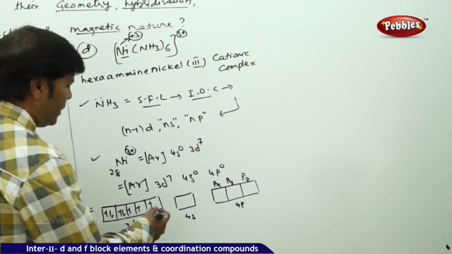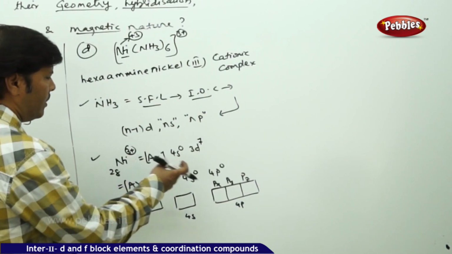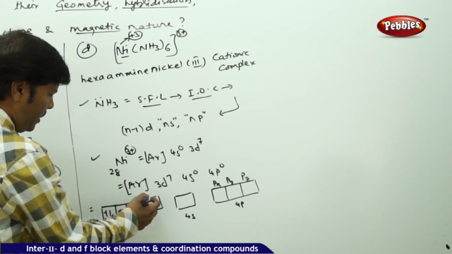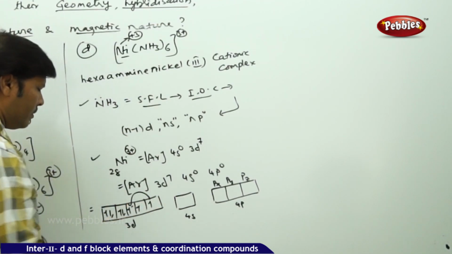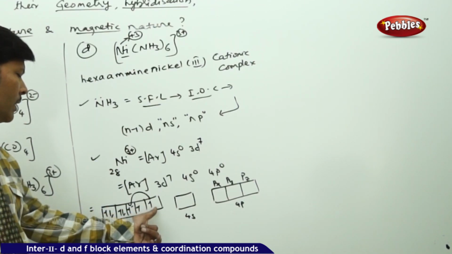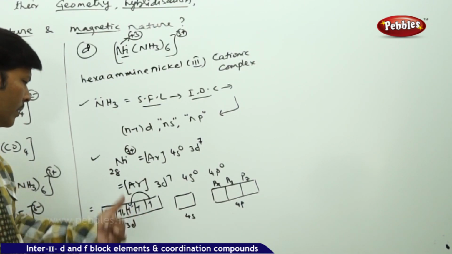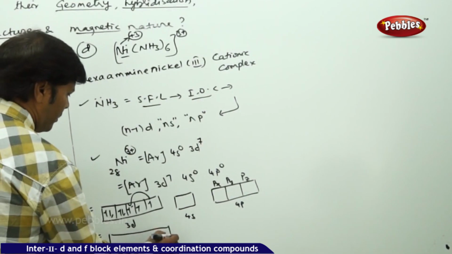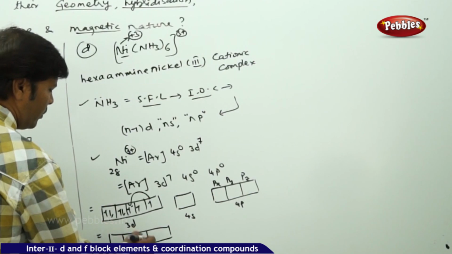So here what we are noticing is, actually if you take ammonia is a strong field ligand, so it is going to forcibly pair up an electron from the d sublevel. 1 electron is going to get forcibly paired up. So if it is getting paired up forcibly, then you are going to get the status like this: 1 2 3 4.